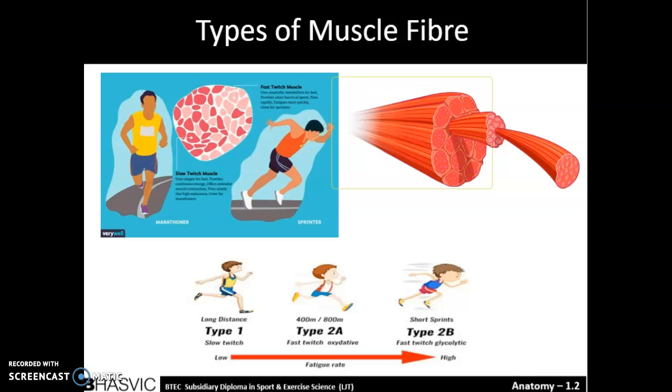For mitochondria content, slow oxidative fibers have the highest and fast glycolytic fibers have the lowest content of mitochondria. This is because the slow fibers need to have a higher level of energy because they can be contracting for a much longer period of time, which shows that if they have more mitochondria, they can produce more ATP from aerobic respiration.